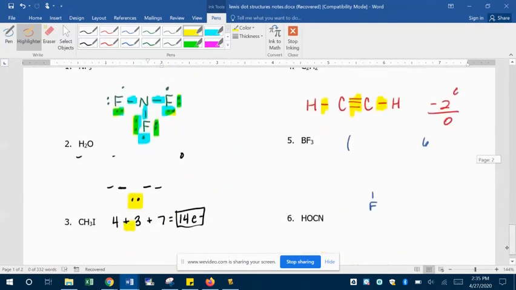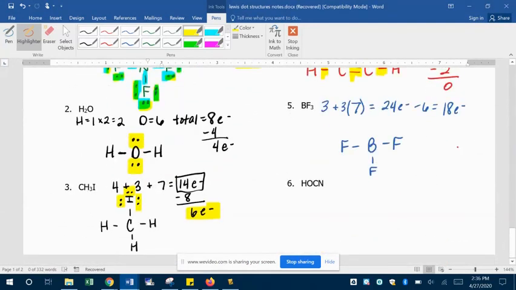So boron does not need 8. Boron is perfectly happy with its 6. So with my remaining 18, I can go ahead and fill in the lone pairs on my fluorines and have a valid Lewis structure because boron is electron deficient.